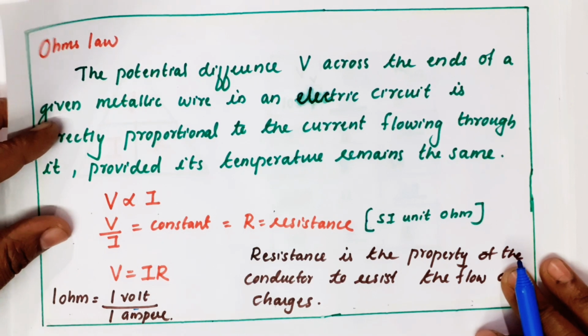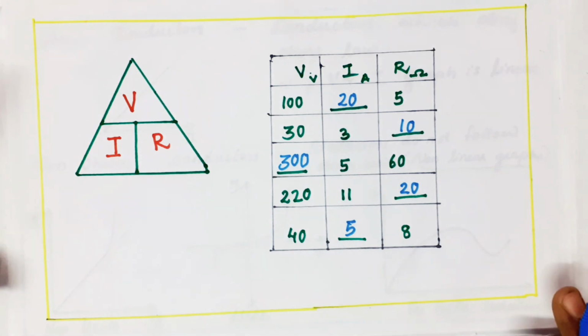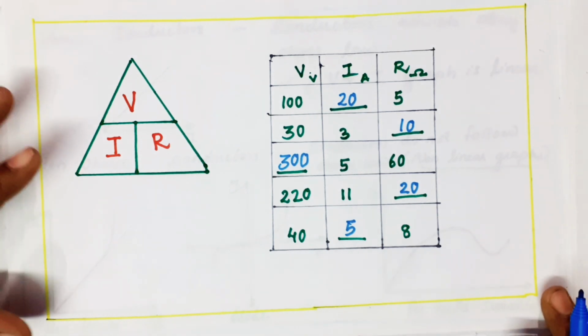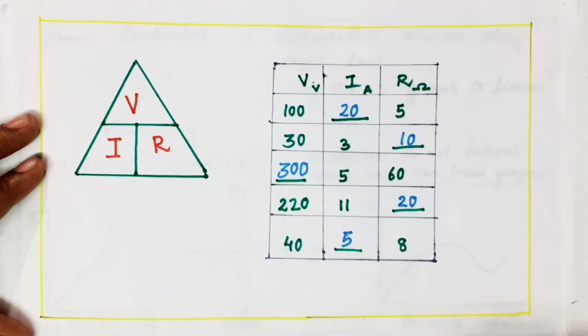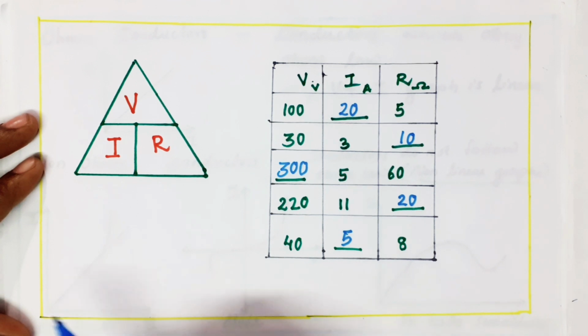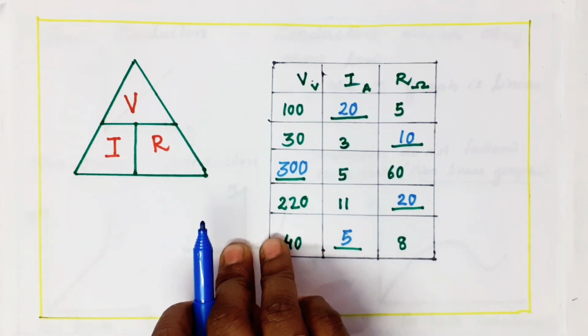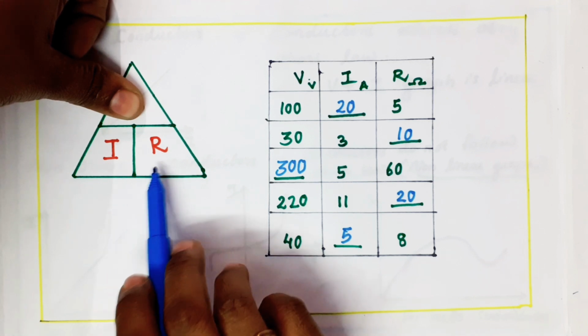Very important thing. V is equal to IR. That equation also you should remember. I just drew it in a simple form like V equals IR in a triangle form. Okay, it is easy to remember. That's all. V equals I into R, we know, right? So what I'm doing, if you need V, you just close V. IR, that is the formula.